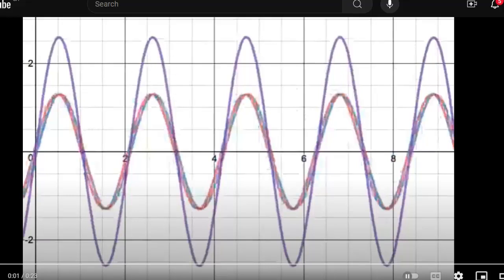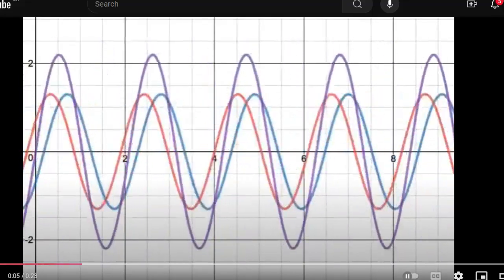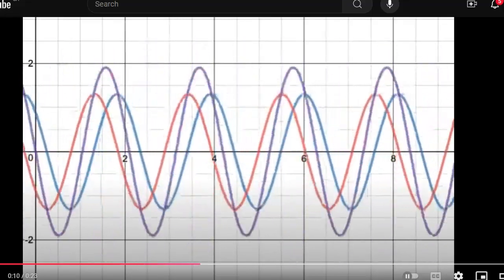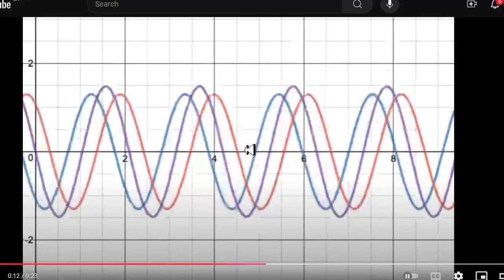So here you see every time the waves are coherent, the amplitude is bigger, and it's the smallest when they are the furthest apart. So when they are far apart, the amplification is very small. Everyone knows that.